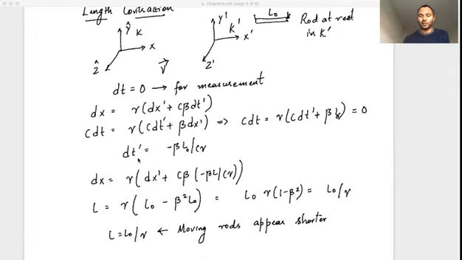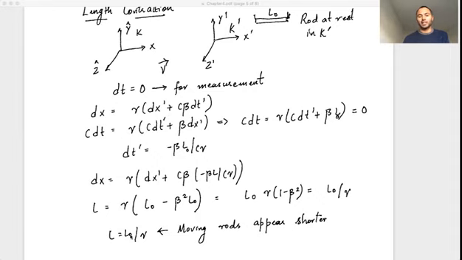So in your frame, you measure it at exactly the same time, but already from special relativity, we are not going to agree on time, right? Your friend and you are not going to agree on time. You have to go through that Lorentz transformation. So you get dt prime. Plug it back in this equation, and then simplify.